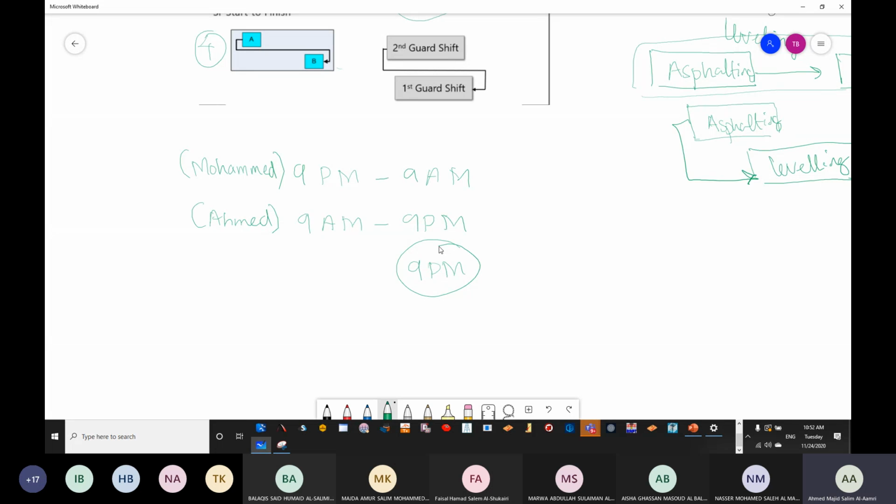So now what I can say in this relationship, whenever Muhammad is going to start his duty, my duty is going to finish. Do you agree?